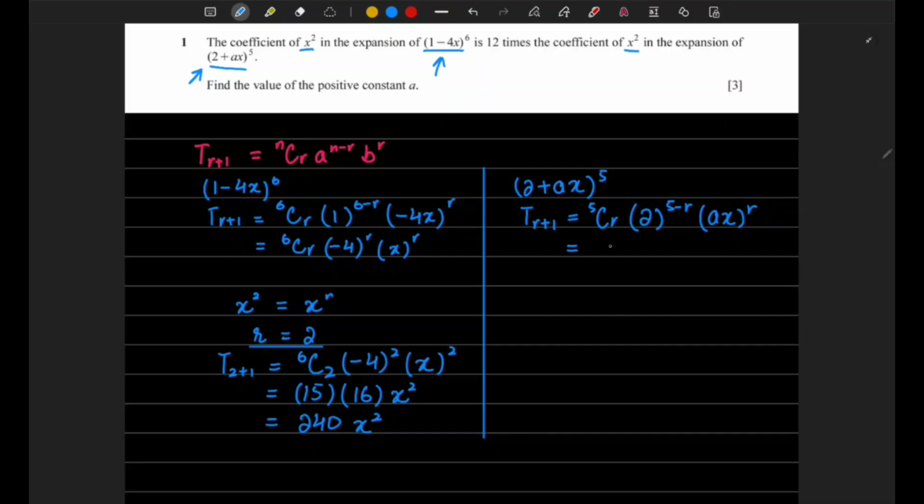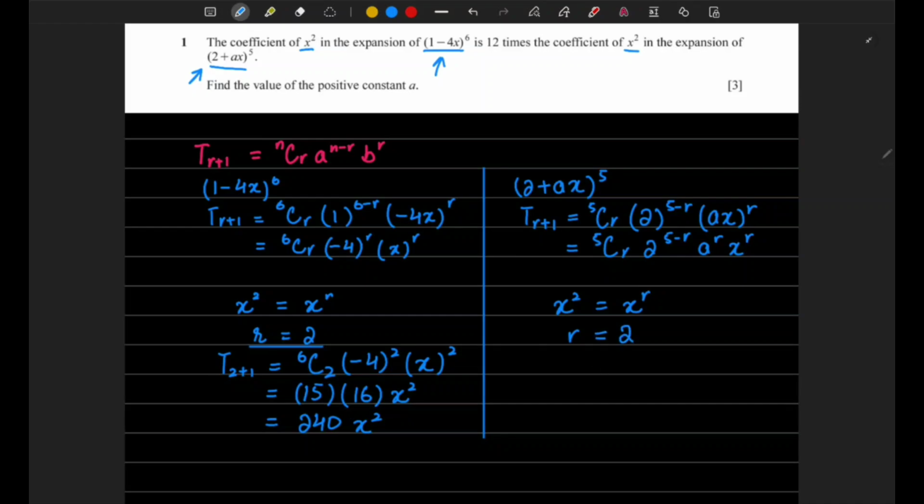Then we get, we can take x to the power r separately, so a to the power r and x to the power r. Now we are going to compare. What do we need? The x squared term. So x squared equals x to the power r. We have the same bases, so comparing the powers gives you r equals 2.